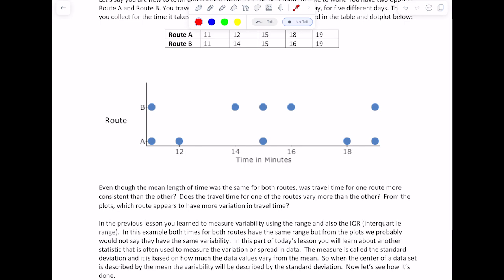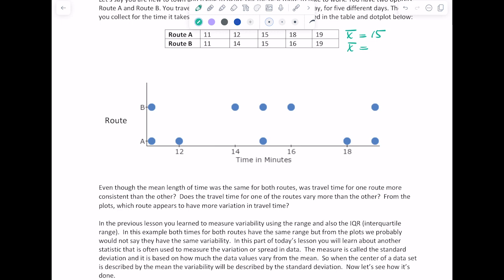Okay, so if you're looking at the variability in routes, you'll see that the median for both is 15. And actually, let's find the mean really quick for Route A. My mean, or my average, x bar: 11 plus 12 is 23, plus 15 is 38, plus 18 is 56, plus 19 is 75, divided by 5 is 15. I'm guessing my average for Route B is going to be the same.